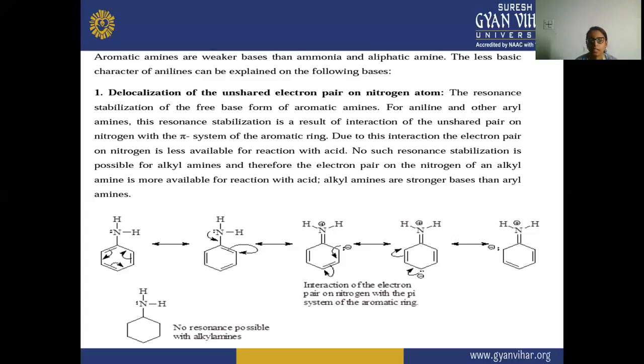So this unshared electron pair is not readily available for reaction with the acid.